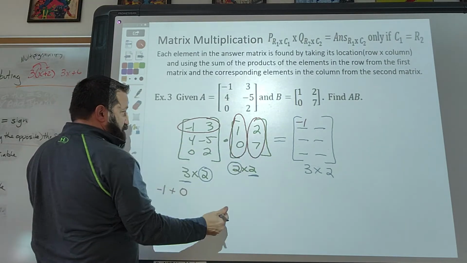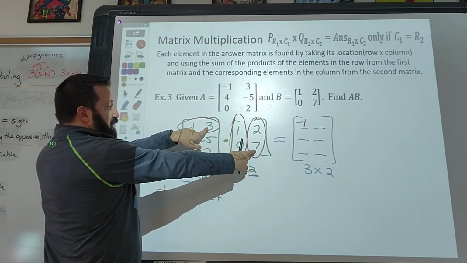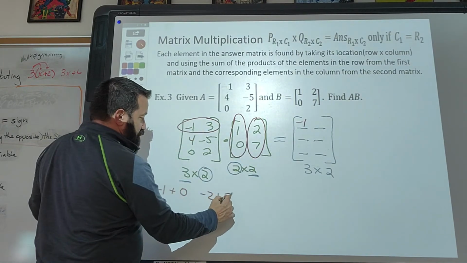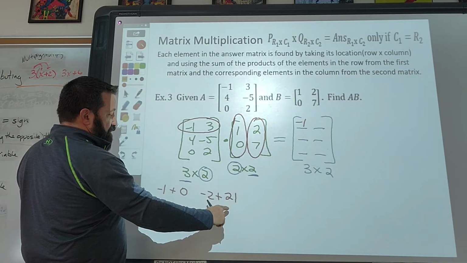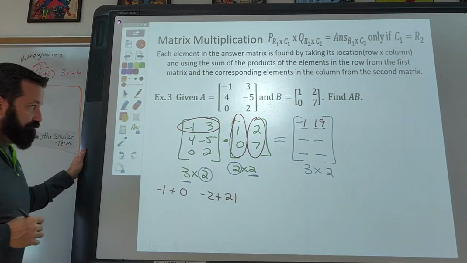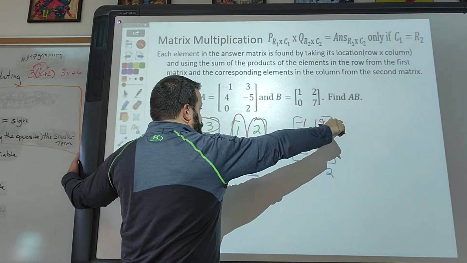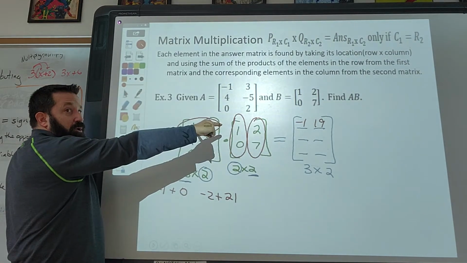So -1 times 2 is a -2 plus second element, 3 times 7 is 21. So when I add those together, I get 19. That's the element that goes here. Notice row 1 is filled in over here. That means I am done with row 1 over here.